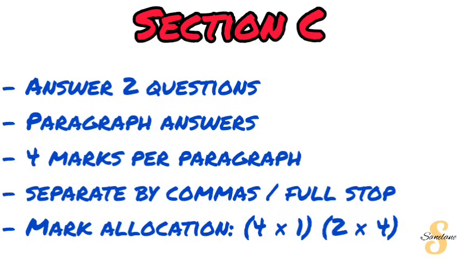So you will say fitness helps a person keep their body healthy. That is the same idea. You're still saying the same thing. It's part of the same explanation, but you have separated them by commas to make 2 different points that will then get you 2 marks that fall within the same paragraph.